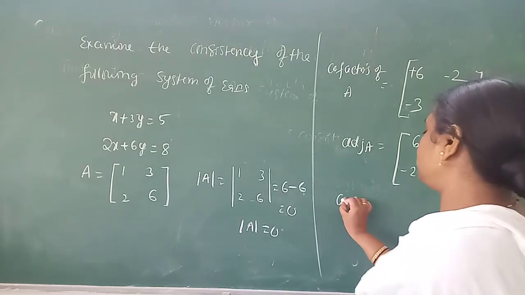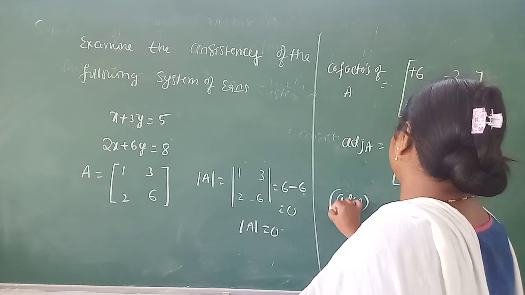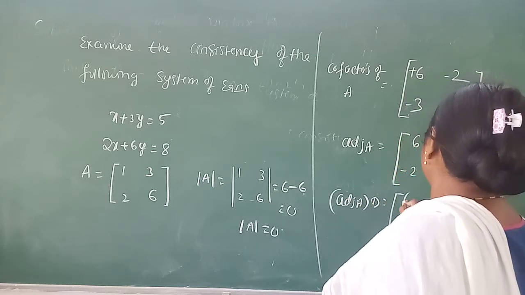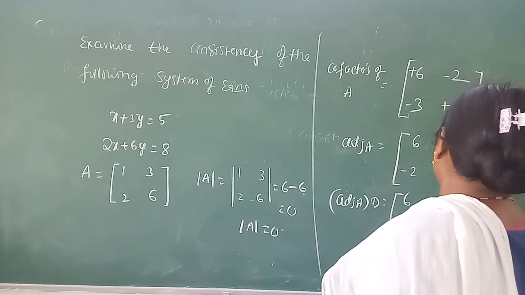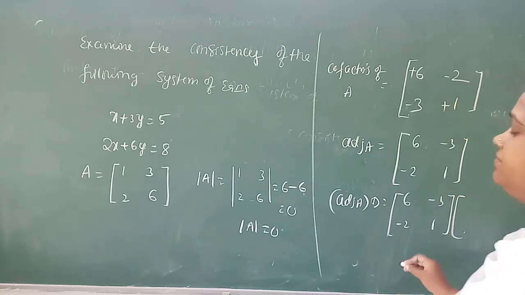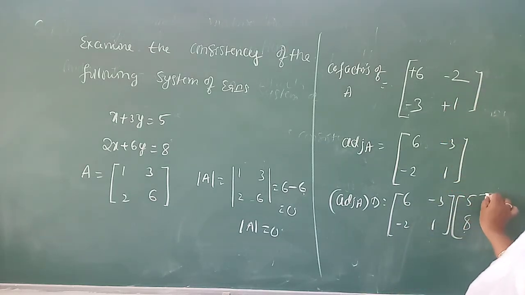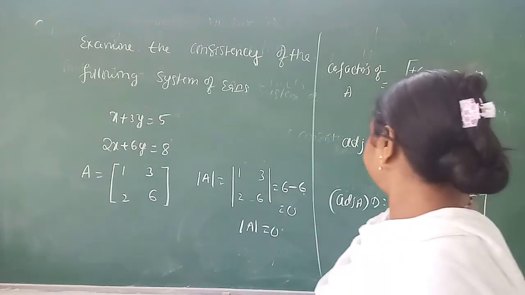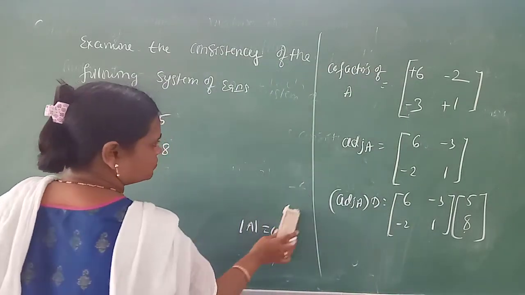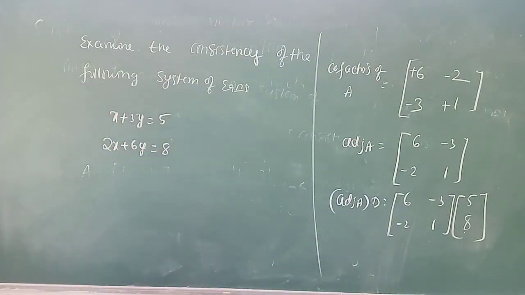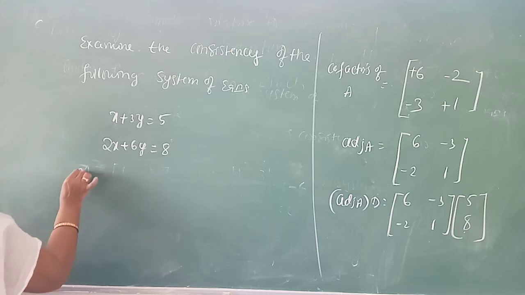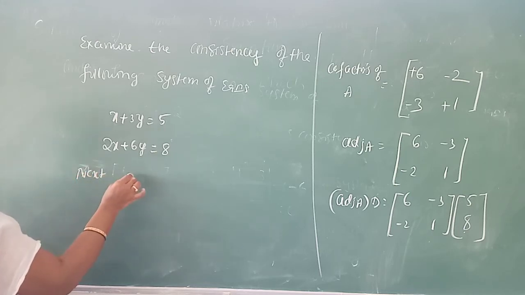Next, calculate adjoint A into D. That is 6, minus 3, minus 2, 1 into D, which is 5, 8. Multiply.